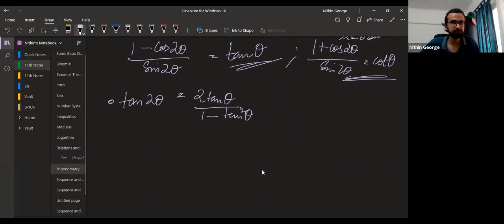Got this? Or write this as tan A plus B, which is tan A plus tan B divided by 1 minus tan A tan B, with A and B both theta: tan theta plus tan theta, which is 2 tan theta, divided by 1 minus tan square theta.